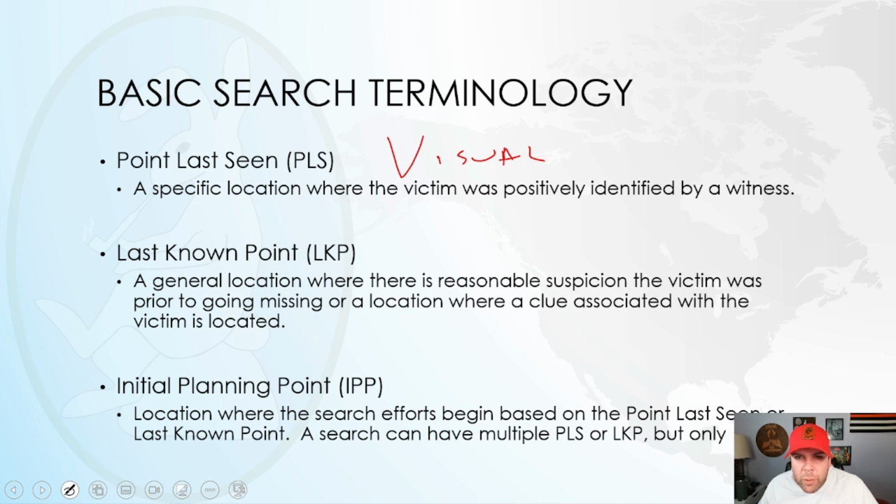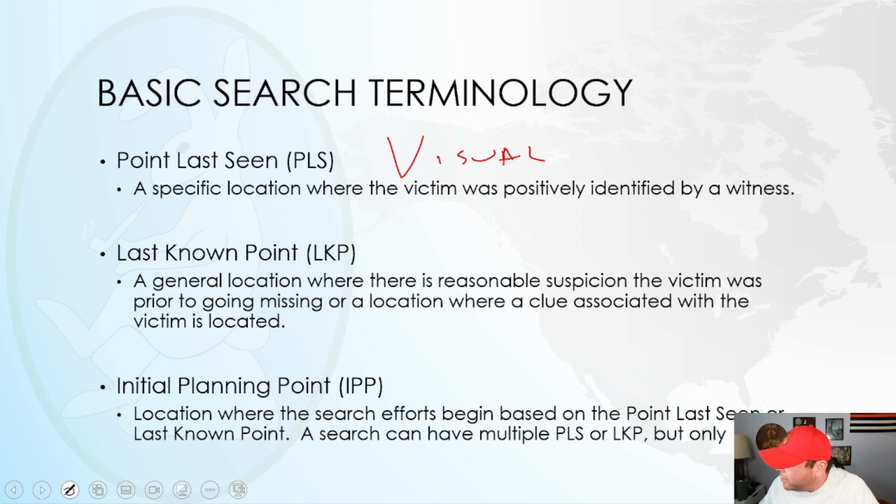A last known point, or LKP, is a little bit different. You'll also see last known position in some texts, or some people may use that term. They mean the same thing; it's an interchangeable term. It's a general location where there is reasonable suspicion that the victim was prior to going missing, or a location where a clue associated with the victim is located.